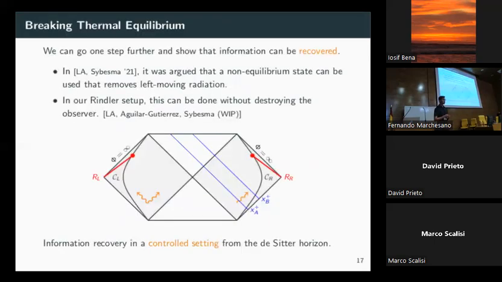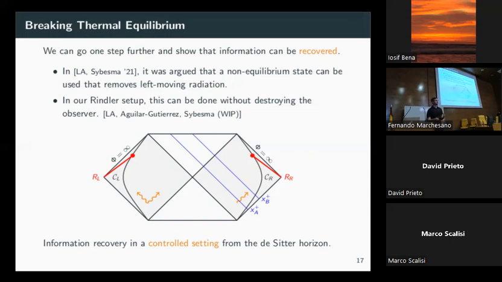Okay, so in the paper we go one step further. Instead of just showing that entropy saturates, we also show that you can use a proposal like this to really decode information from the de Sitter horizon. What we can do is, in this blue region, modify the system in such a way that we're really collecting radiation from the de Sitter horizon, not throwing any radiation in. So in that blue region, there's only right-moving radiation.